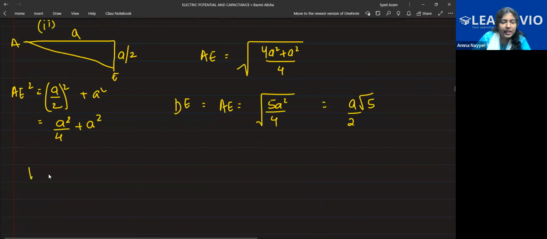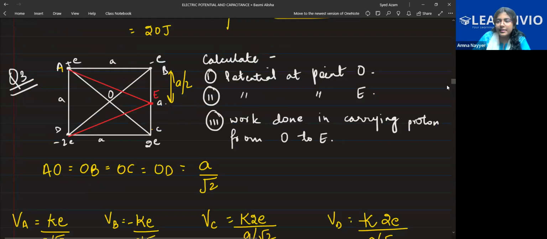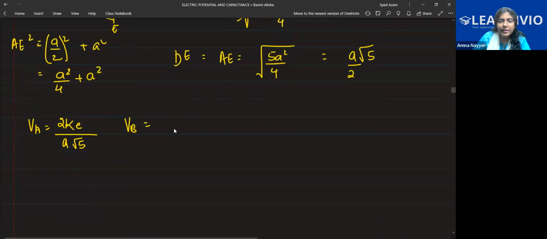So VA will be KE by A root 5 by 2, so 2 will go up. Similarly, VB is minus E and separation is A by 2, so minus KE by A by 2. So 2 will go up.